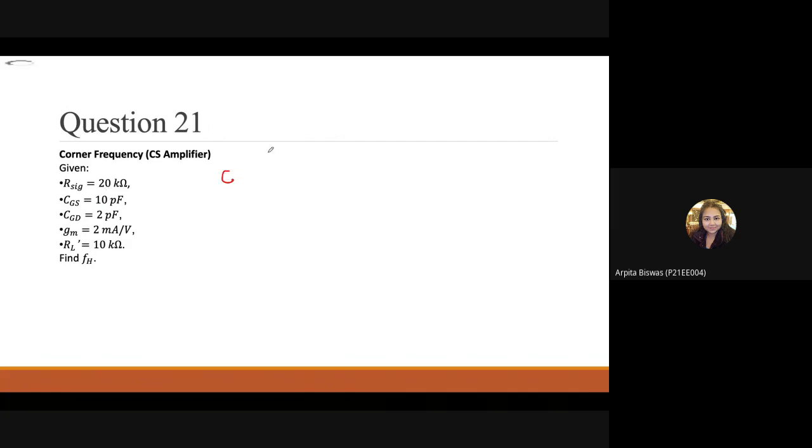Tell me what is the formula for FH. How to find out the FH? We have already calculated in one problem. Tell me what is the formula of FH? 1 by 2 pi R CN, into C in, right? Now tell me how to find out the C in.